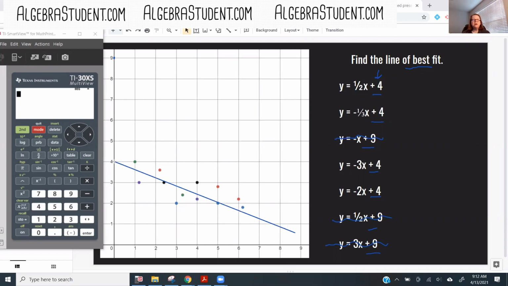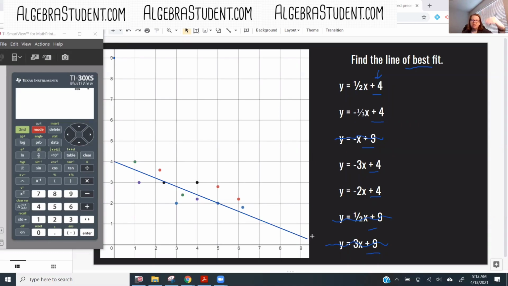And so somewhere in here is where that line of best fit should be. It's very much an approximation at this point. It's definitely not just an absolute. Okay, so I'm going to put it here.